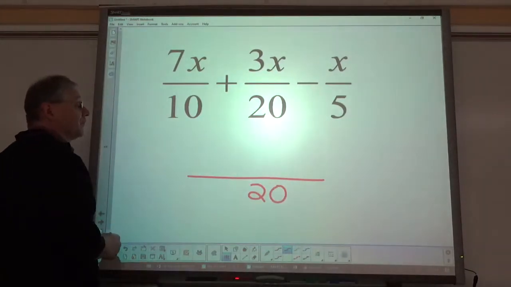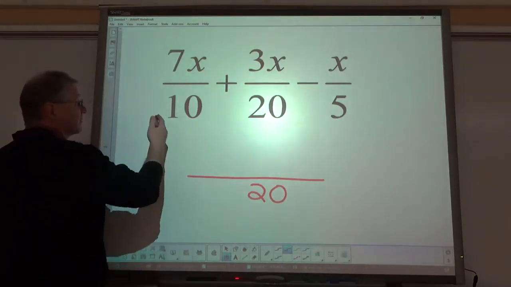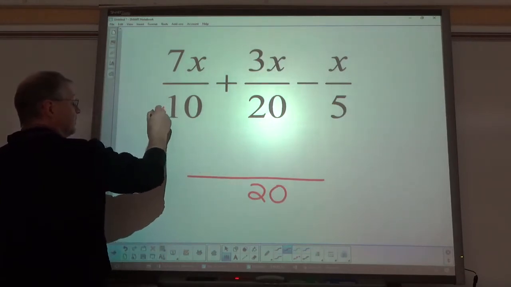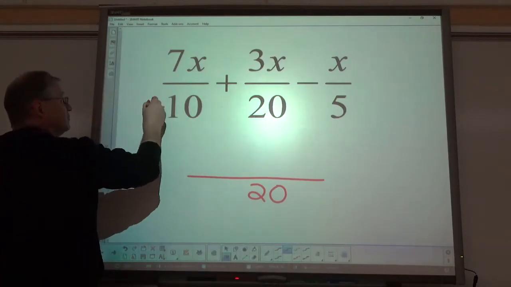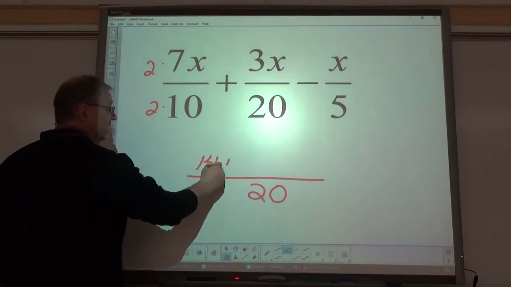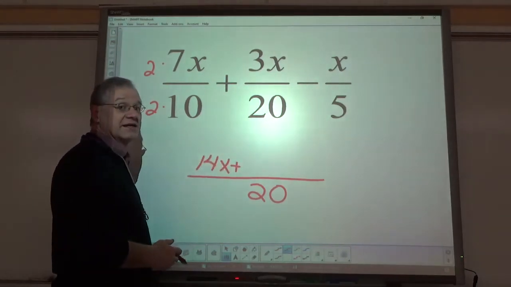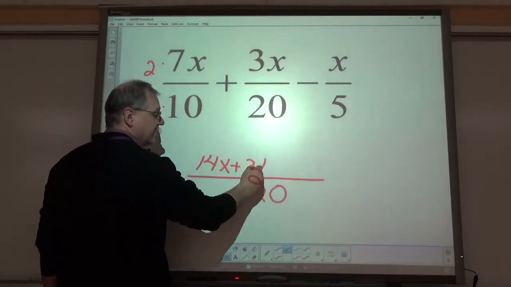Then I rewrite with the numerators on top. For example, what do I have to multiply times 10 to get 20? Times 2, so I'm going to multiply the top times 2, that's 14x. Plus, what do I multiply times 20 to get 20? 1, or nothing. So that is just 3x.